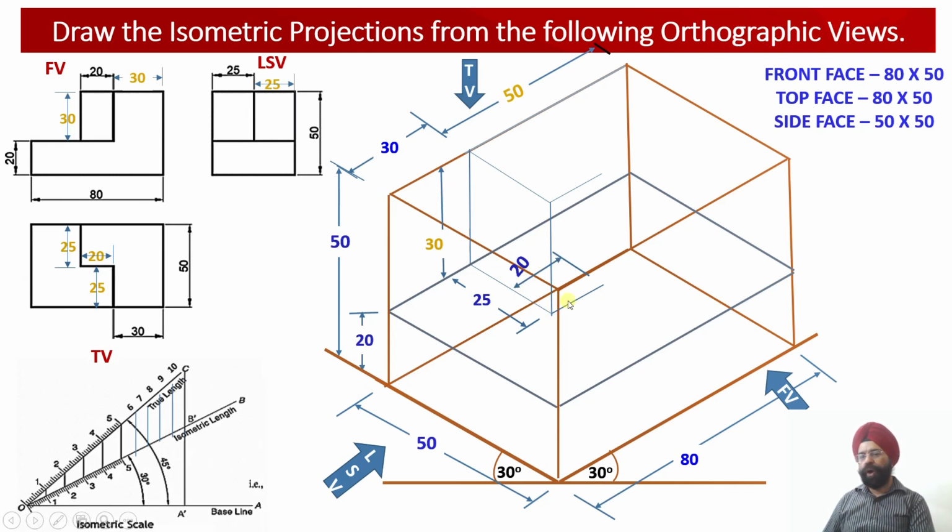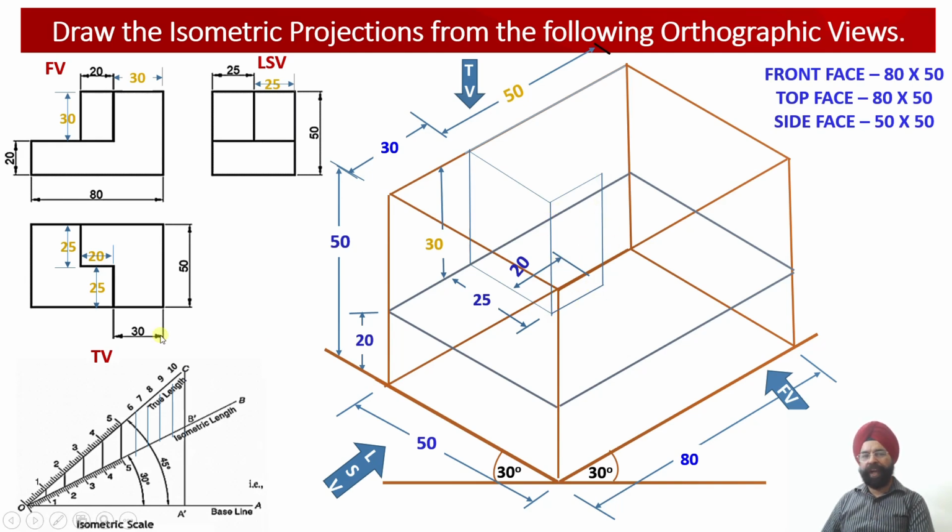Please check, from here to this point, where this total rectangle is visible, this rectangular shape is visible in the front view. Let us look at the dimensions of this face. 20 millimeter is the width, 30 millimeter is the height.